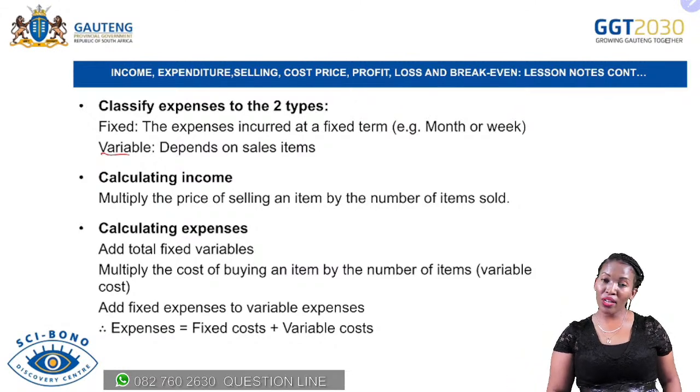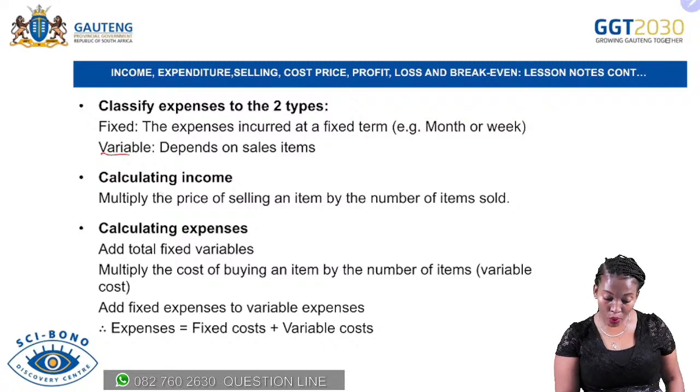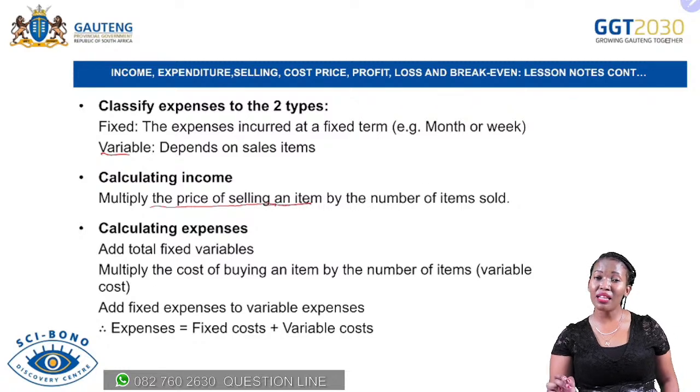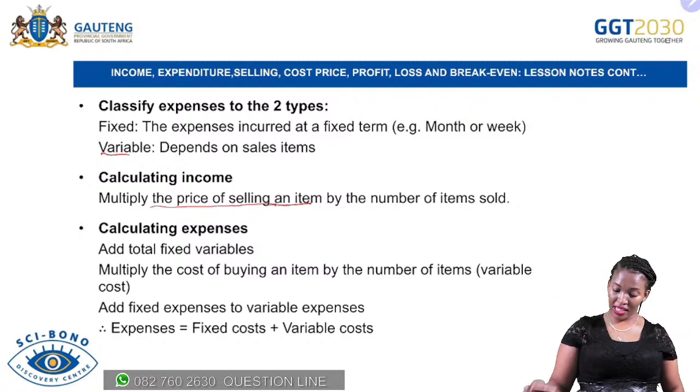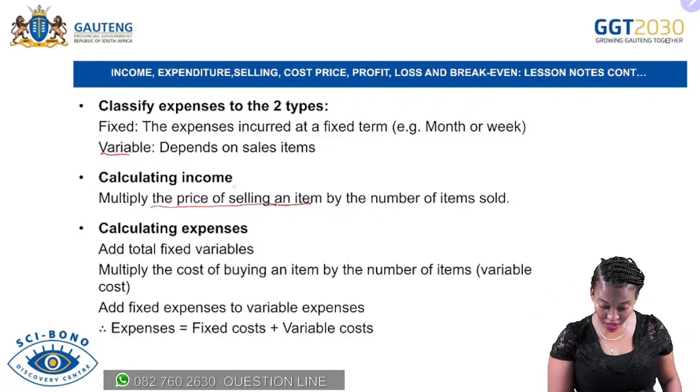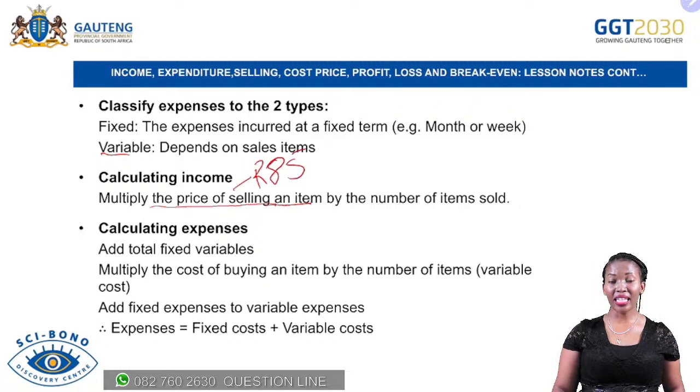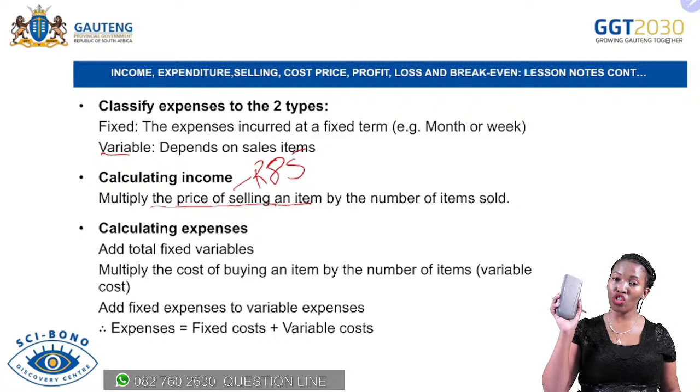So when you want to calculate your income, you are going to multiply the price of selling that item by the number of items that are sold. Remember my calculators. I said I'm selling these calculators for how much, guys? For 85 rands. That is the money that I'm going to charge for selling one calculator.